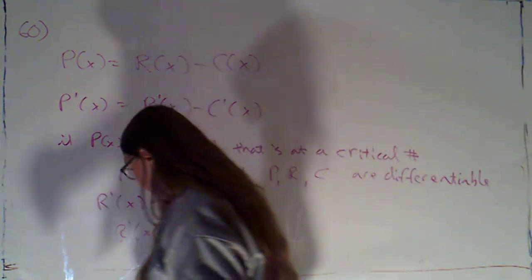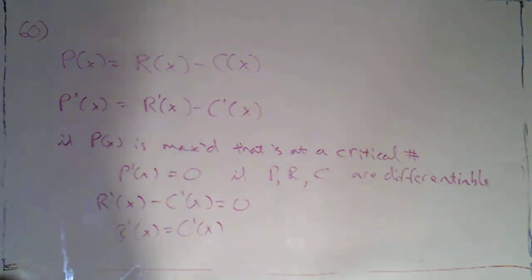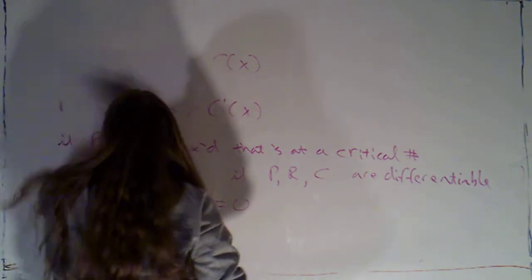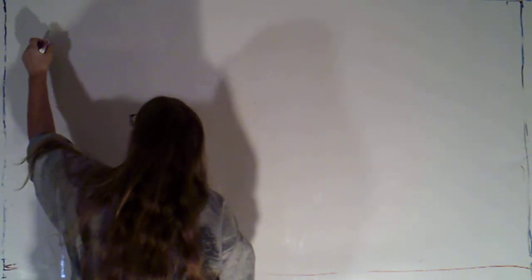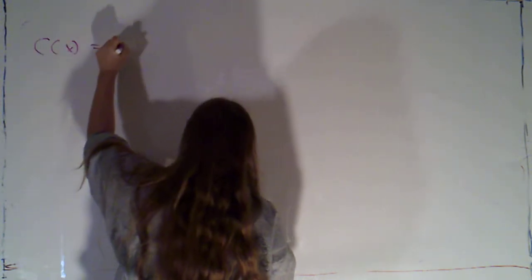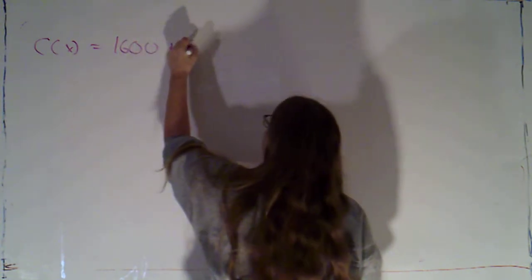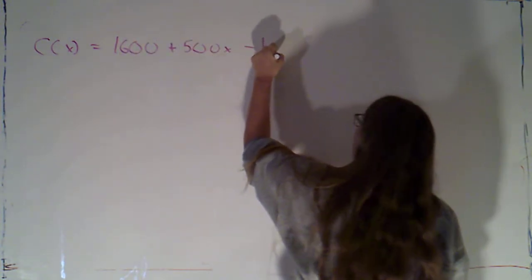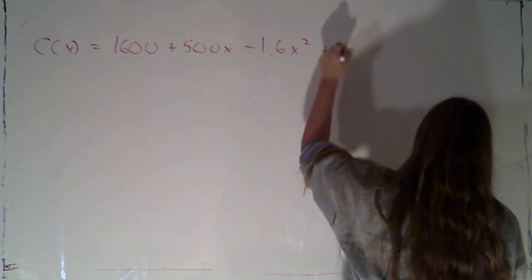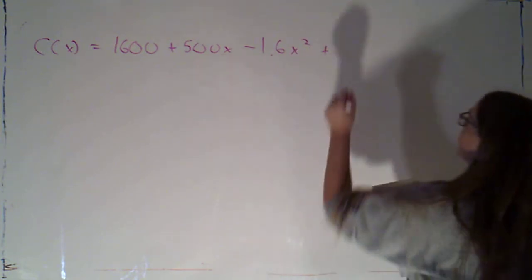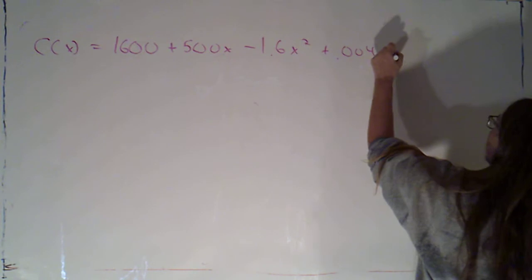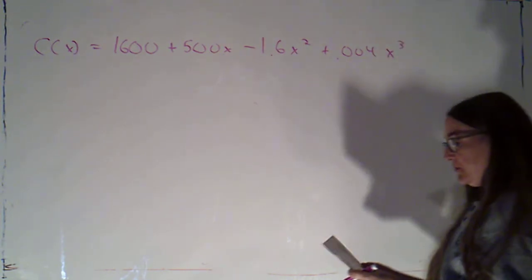Okay, the second part of the problem gives us some specific functions. So they're going to give us that the cost function is 1600 plus 500x minus 1.6x squared plus 0.004x cubed.